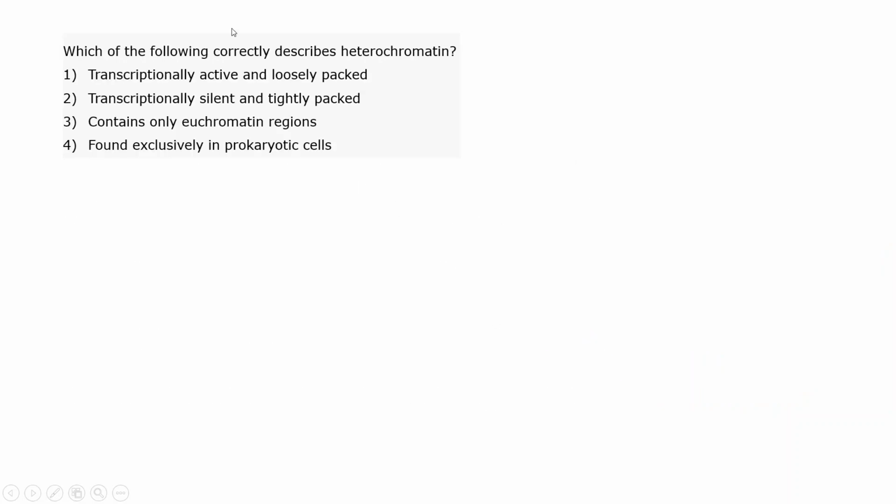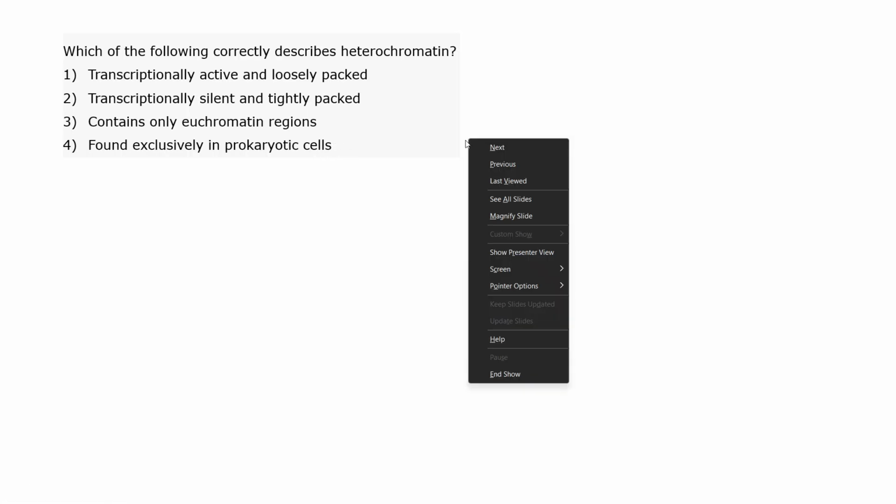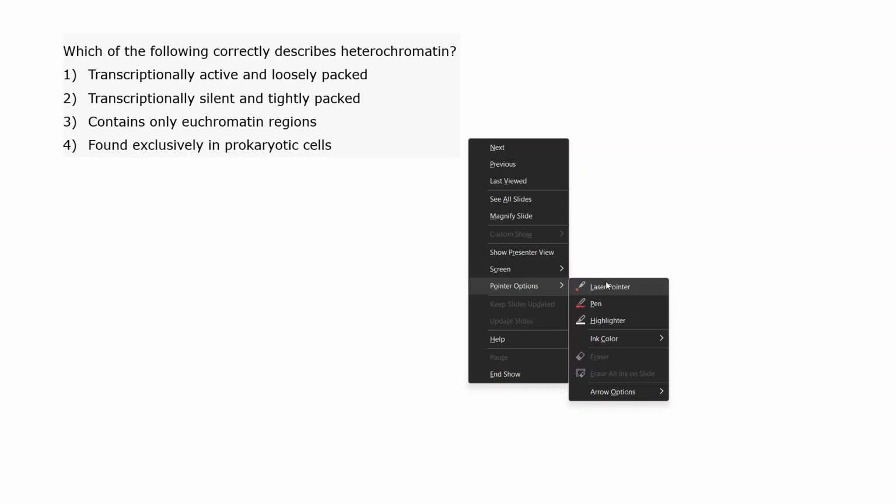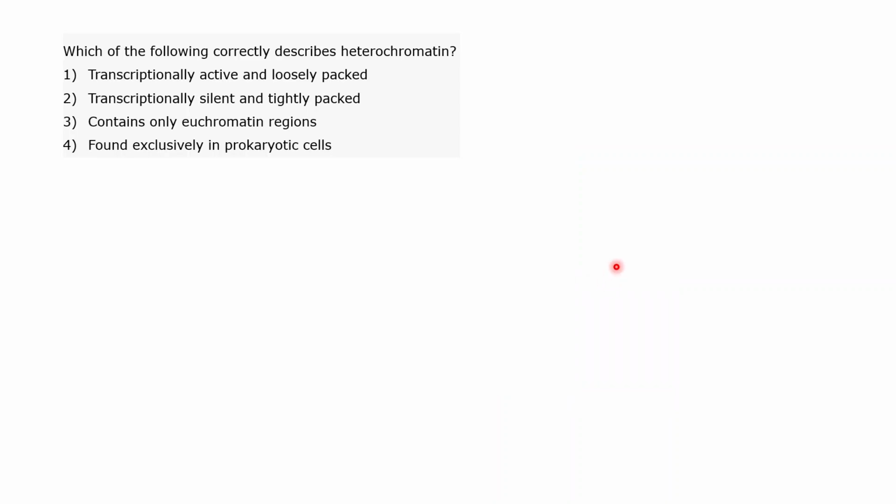Coming on to the next question: which of the following correctly describes heterochromatin? Transcriptionally active and loosely packed, transcriptionally silent and tightly packed, contains only euchromatin region, found exclusively in prokaryotic cells. Which may be the answer? Option 2. Yes, I am getting option number 2.